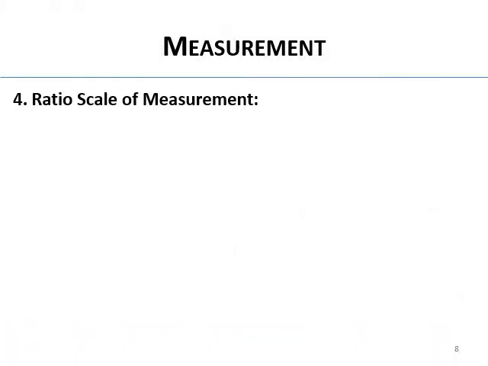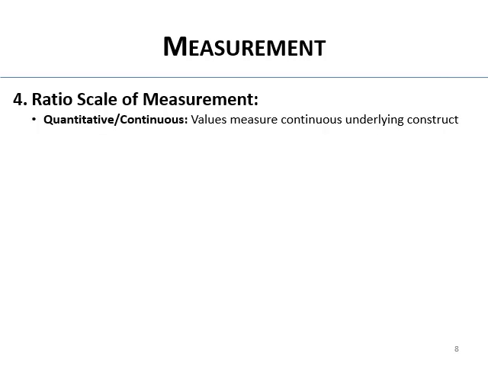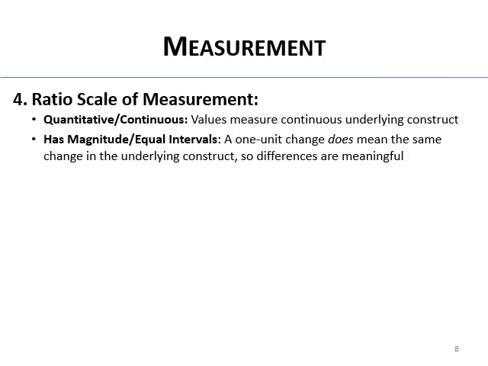All right, so now finally, we've got the ratio scale of measurement. This is one of those ones where the name has meaning. You can do ratios with ratio variables, hence the name. They are also quantitative and continuous, so the values are measuring some underlying construct. These have magnitude, that is the interval property of equal interval: a 1 unit change means the same change in the underlying construct.